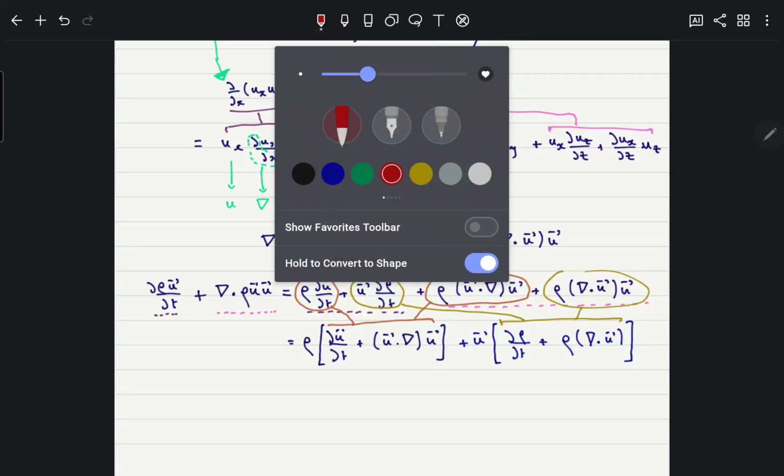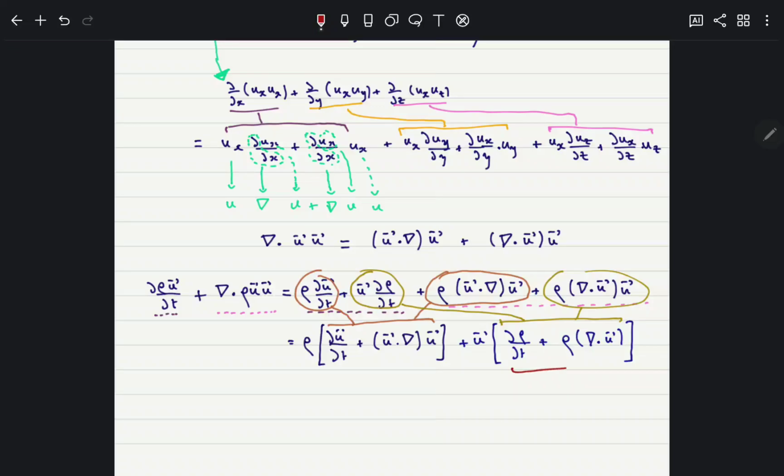And now perhaps you recognize the equation of continuity. And so this is going to be 0.